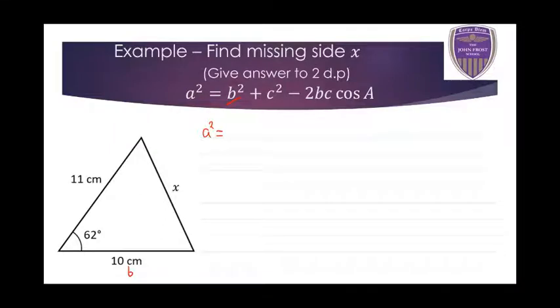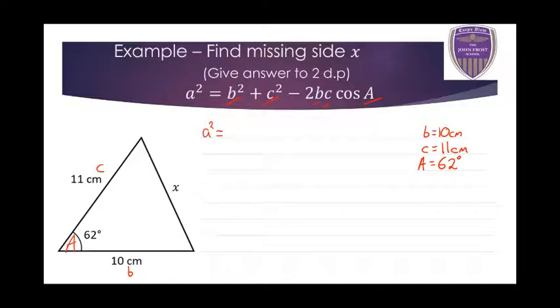We labeled c this 11 centimeters over here, so c equals 11 centimeters. And then we've got b and c again, which we already know. And then angle A: we labeled this 62 degrees as angle A.